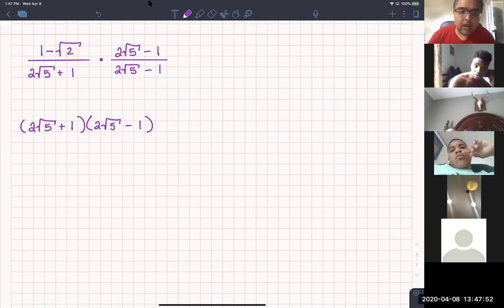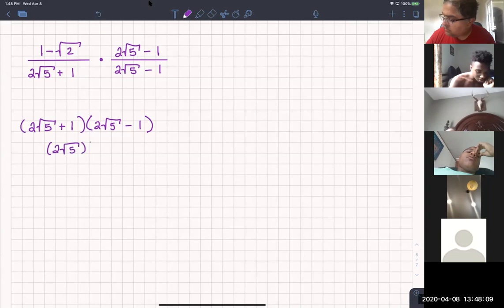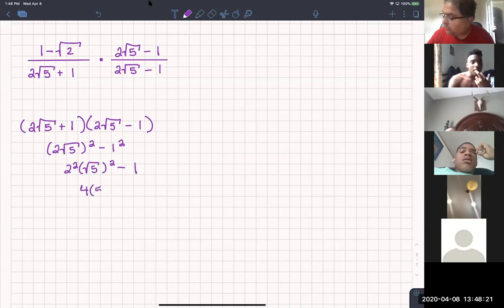That's the denominator, so we get 4 times 5 minus 1. It'll be 20 minus 1. Yeah, I got 4 times 5. So the denominator is 19.